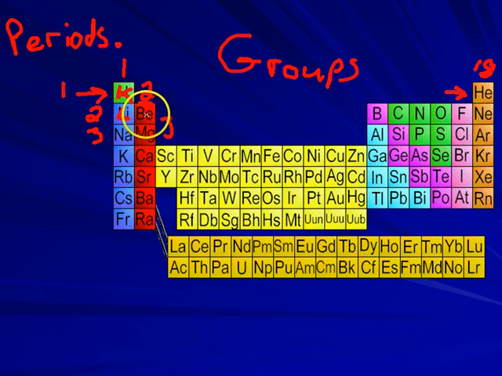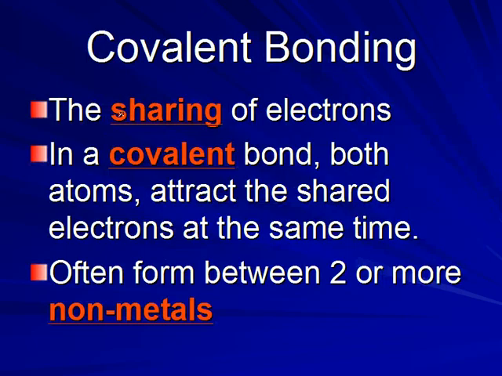So beryllium will have 2 electrons in the L shell. And then we go over to here. Boron will have 3 valence electrons, 4, 5, 6, 7, and 8 valence electrons. So knowing this information is really convenient when we start talking about bonding.